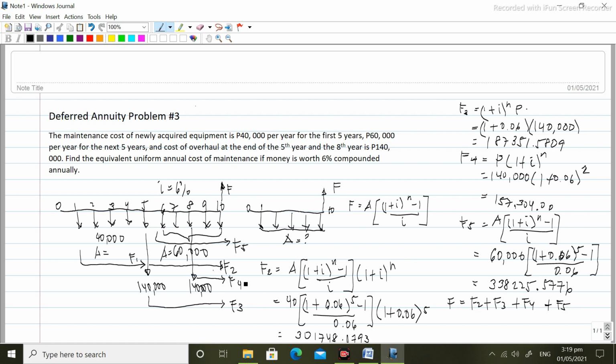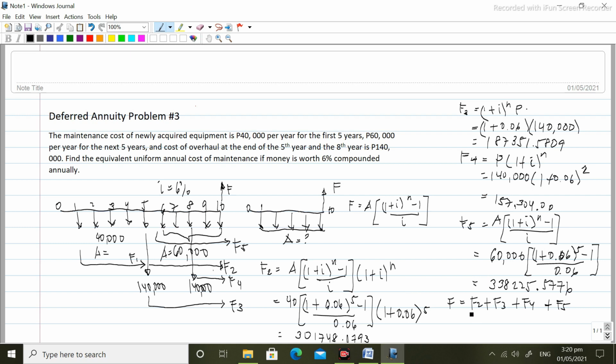So, pwede rin, i-diretso nyo na lang, F1 to. And then, mag-a-adjust na lang yung subscript. Okay? So, ang value nung F2, F3, F4, F5, ito yung mga pinagkukuha natin dyan.